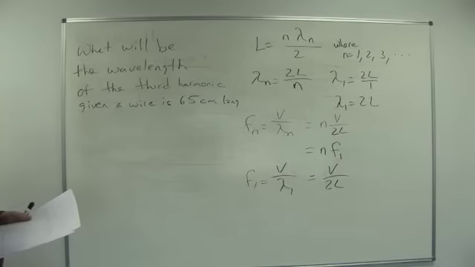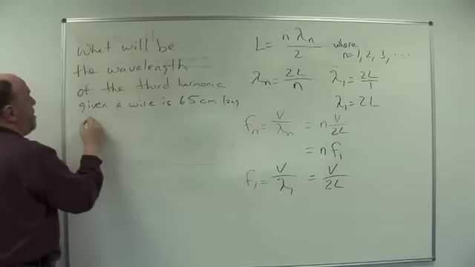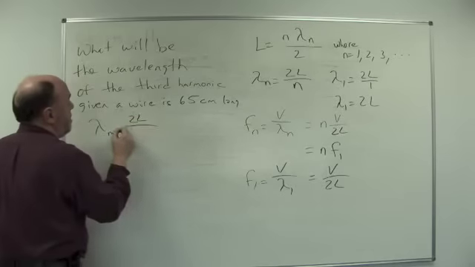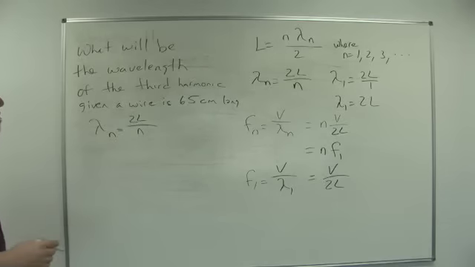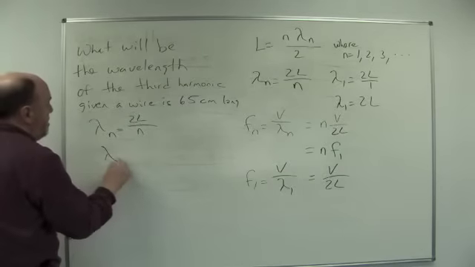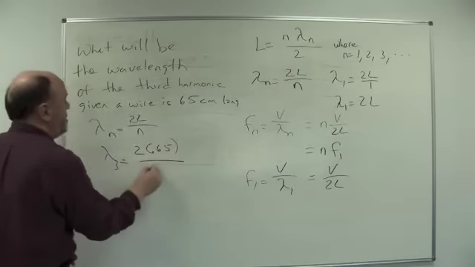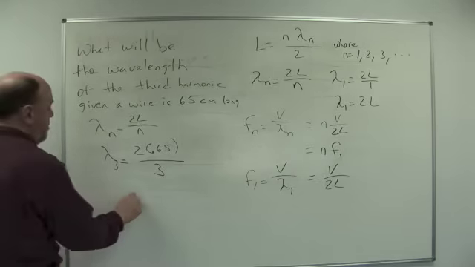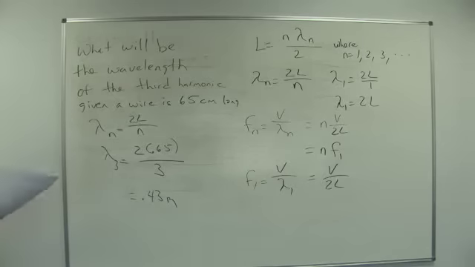We can figure out my wavelength given this equation: the wavelength is given by 2L over n. So the wavelength of my third harmonic is going to be 2 times 0.65, again converting into meters, divided by 3. And so we end up with 0.43 meters.